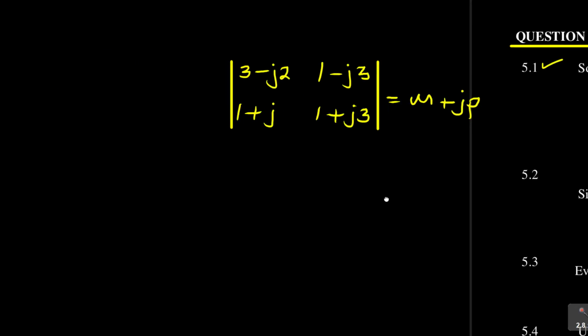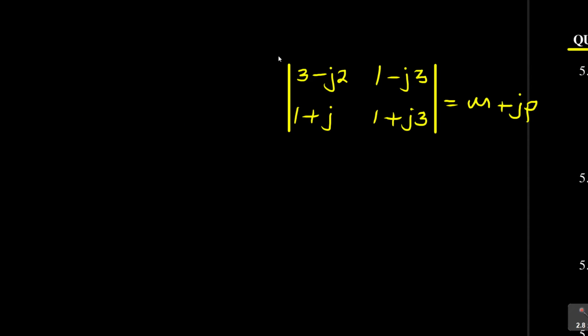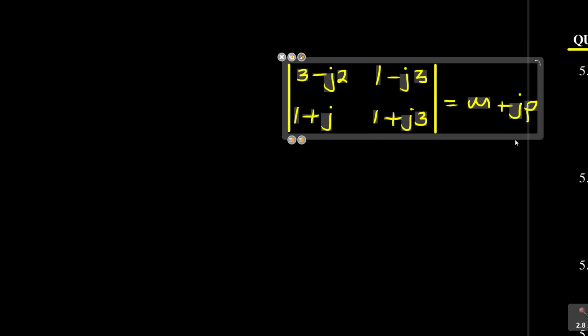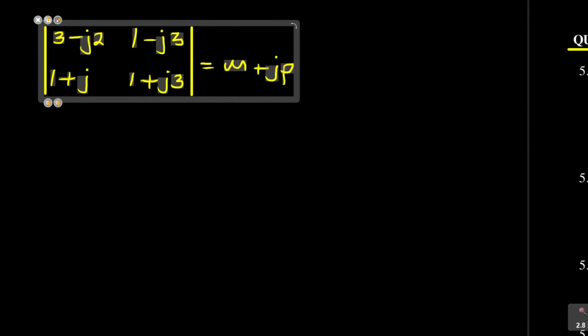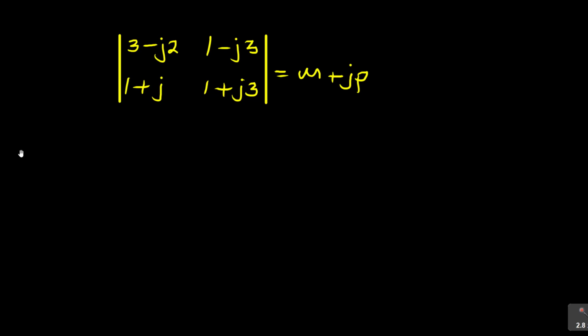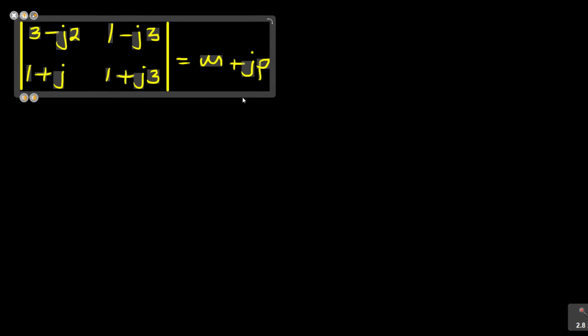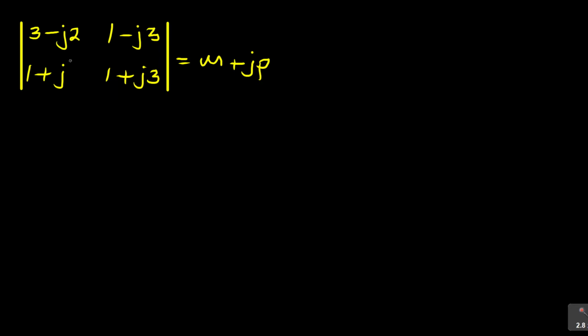All right, so let us take it this side and see what we can do. We are supposed to solve for M and P simultaneously. Now look at this. I'm supposed to evaluate this kind of a matrix. It's a 2 by 2 matrix.